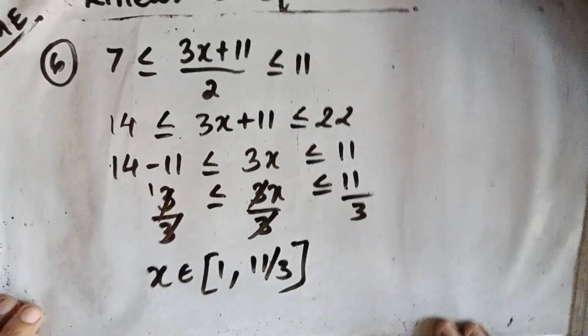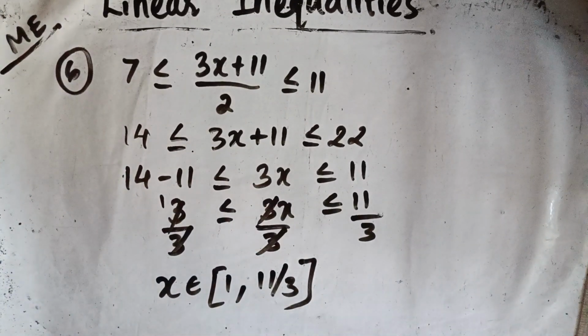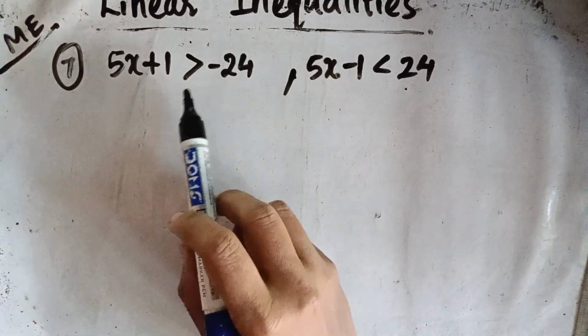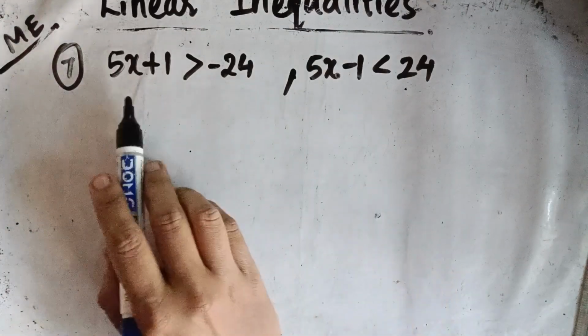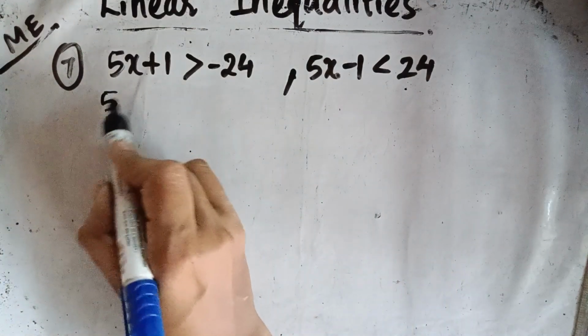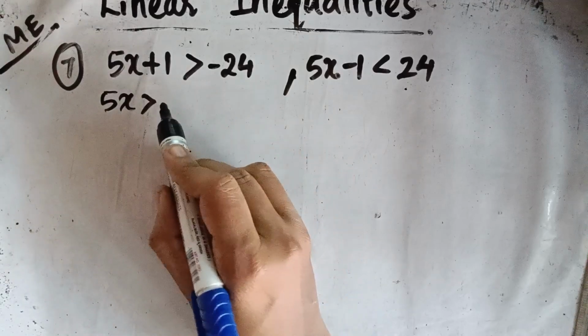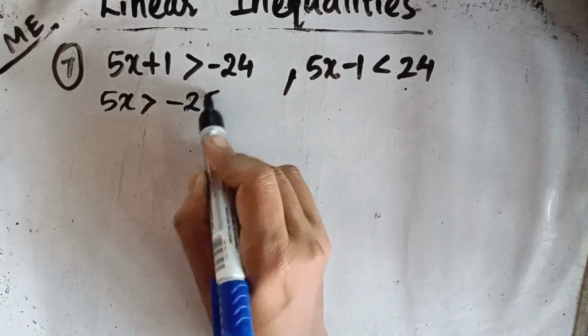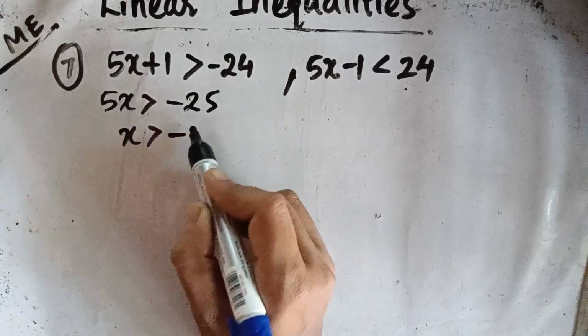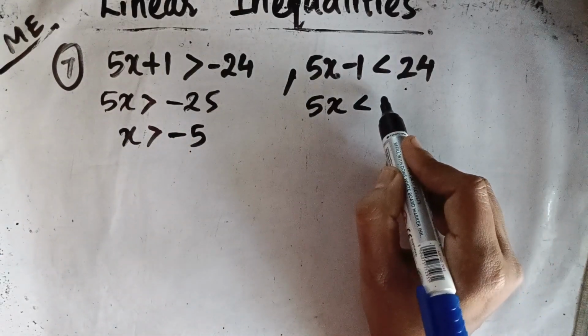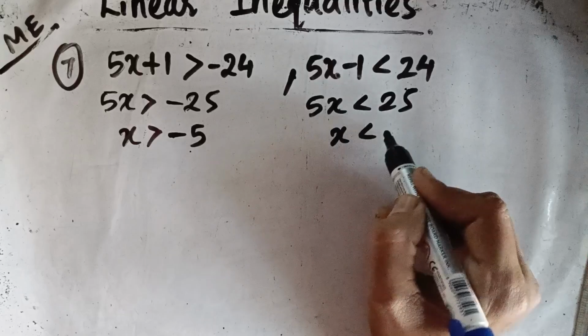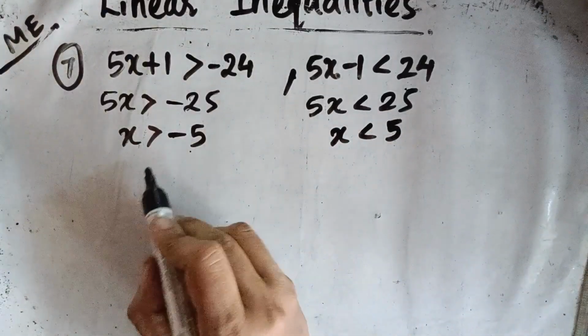Okay. So we have to solve these inequalities and represent the solution graphically on a number line. Okay. So solving this, first one, we get 5x greater than minus 24 minus 1. So minus 25. Then minus 5. Less than 5. Okay.